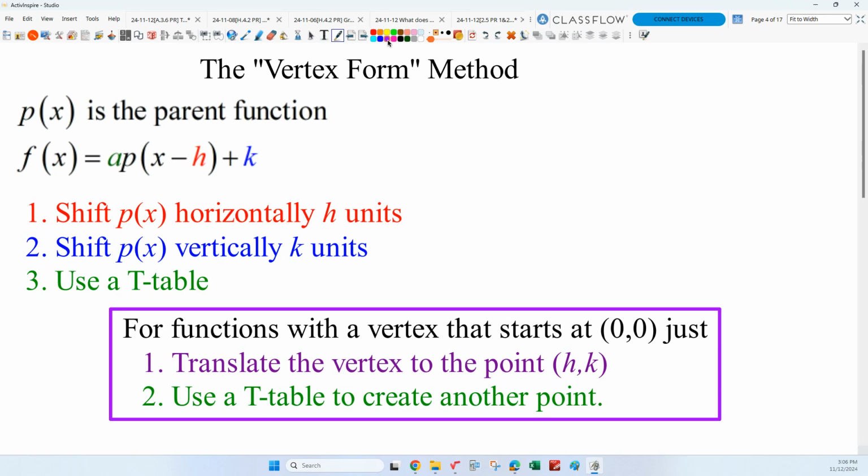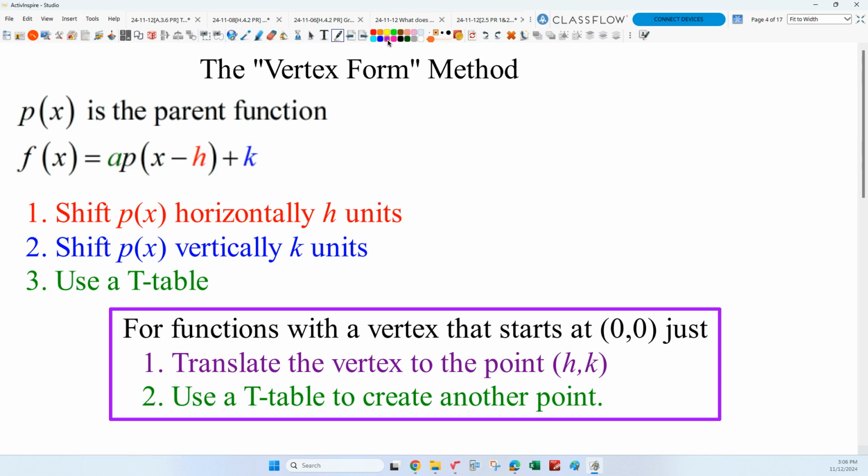At 0, 0, the origin, right? That's the way it was for our absolute value function. The point of the V, or the vertex, was at the origin. That's the way it's going to be in a couple units when we deal with quadratic functions. The vertex of the U-shaped parabola, the point of the parabola, is going to be at 0, 0. All the functions we work with, the vertex is always going to start at 0, 0. So we can be tricky about this. We can shift the graph one step at a time, or we can do this.